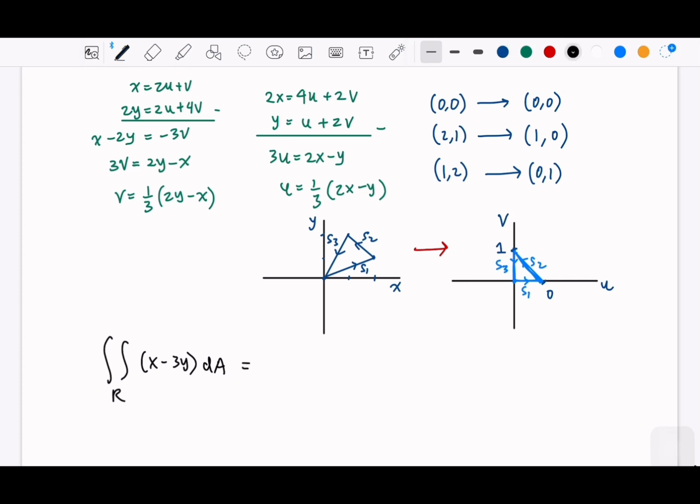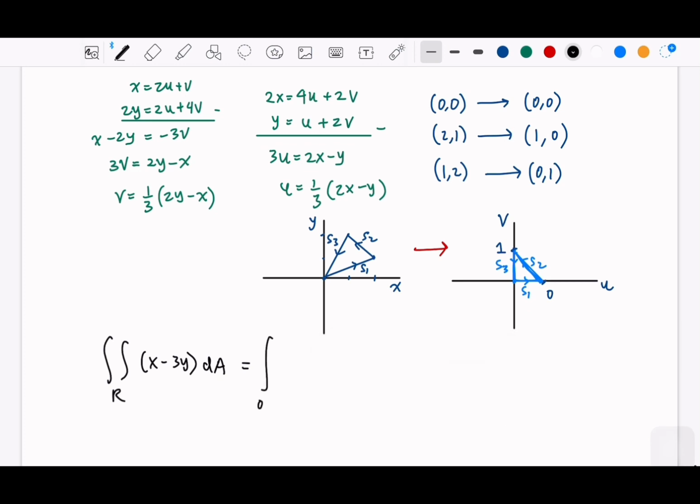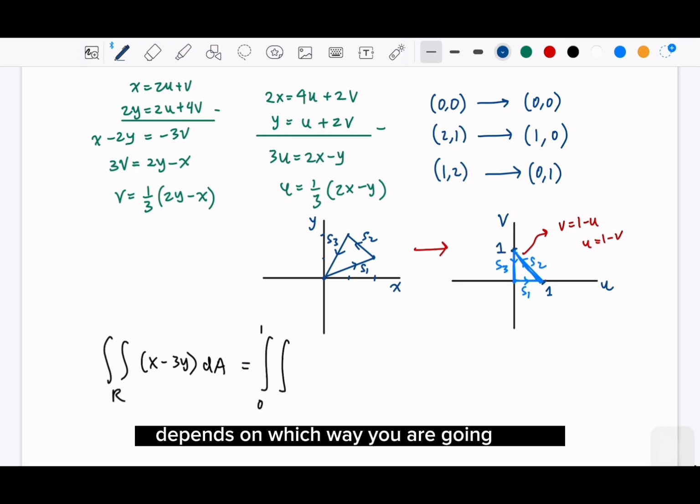So we can take this dv. Okay, we'll take dv from 0 to 1. And then what will this be? This will be v equal 1 minus u, right? Or u is 1 minus v. We can take v or u, depends on which way you are going to do.